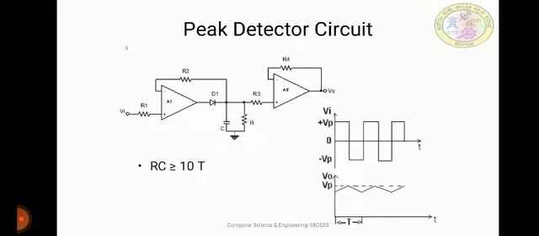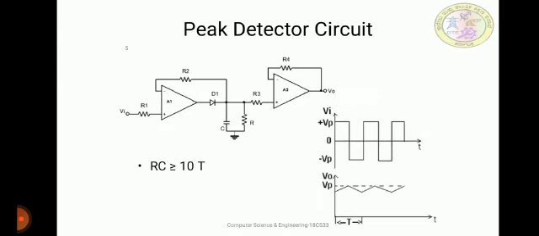The peak detector circuit utilizes its property of following the highest value of the input signal and storing it. Rectifier circuits usually provide an output in proportion to the average value of the input. However, some applications require the measurement of the peak value of the signal. Thus, peak detectors are used.